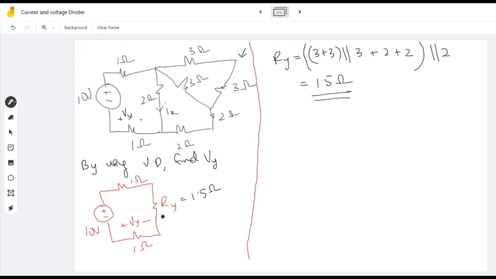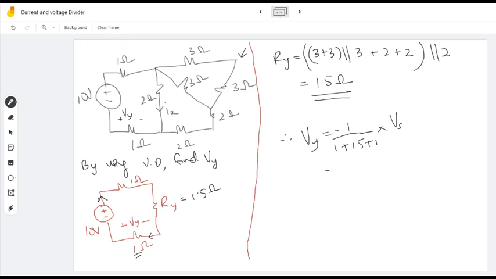So if I ask what is Vy then? Remember, now you have to look at the passive sign convention. The current is flowing that way, so supposedly it is this way. So the Vy variable, the one that is given to you, positive, negative, so therefore Vy by voltage divider equals its resistor, which is 1, over the total resistor, 1 plus 1.5 plus 1, multiplied by the voltage source, in this case 10.